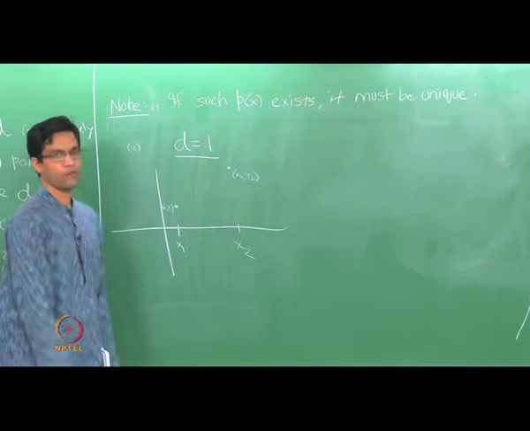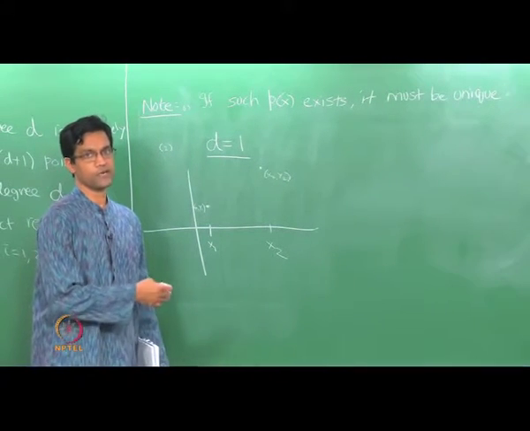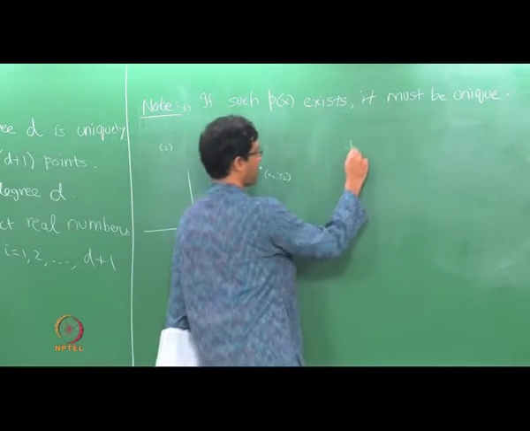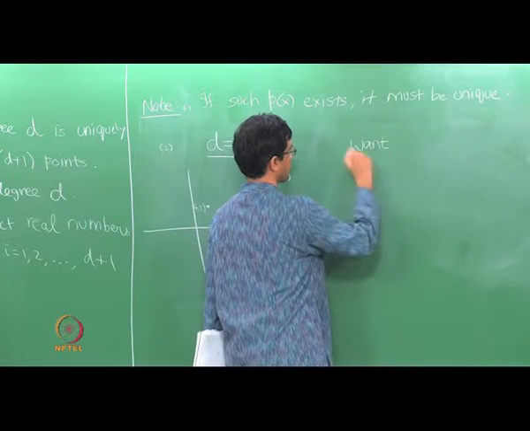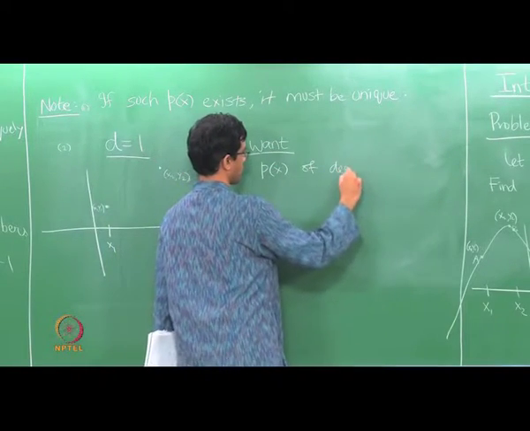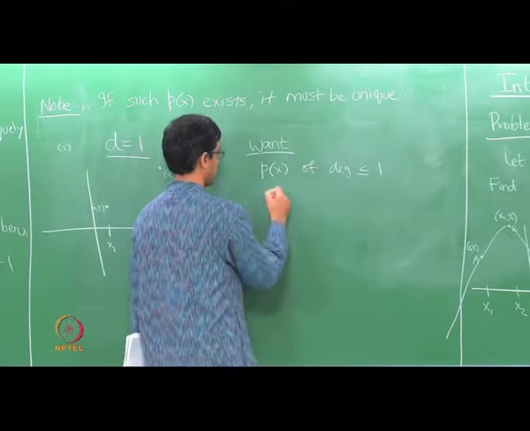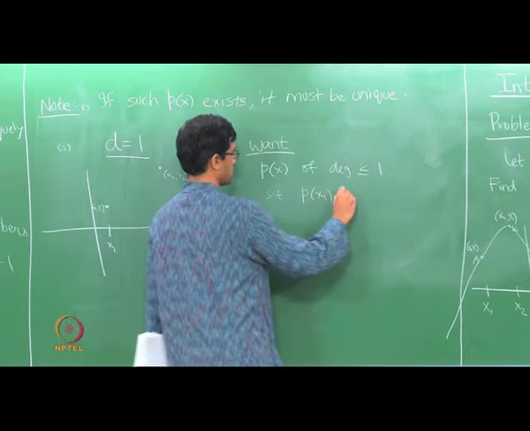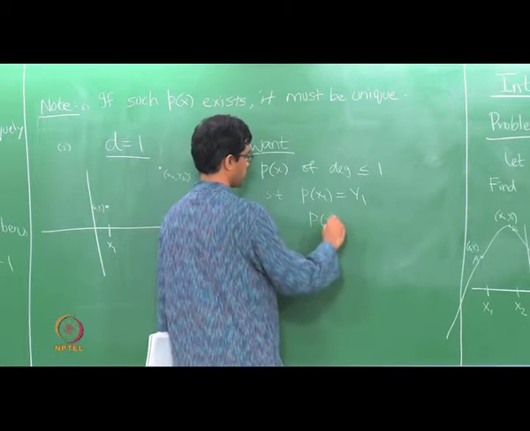And the question says, can you find a polynomial of degree at most 1, whose graph passes through these 2 points. Okay, so what do I want? I want a polynomial p of x of degree at most 1, passing through these 2 points such that p of x1 equals y1, p of x2 equals y2.